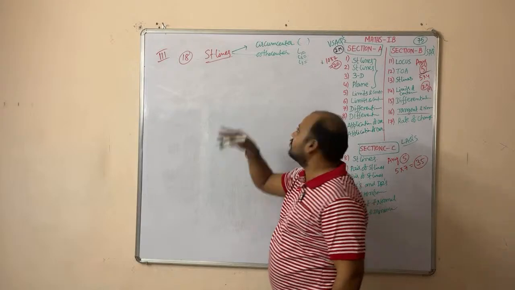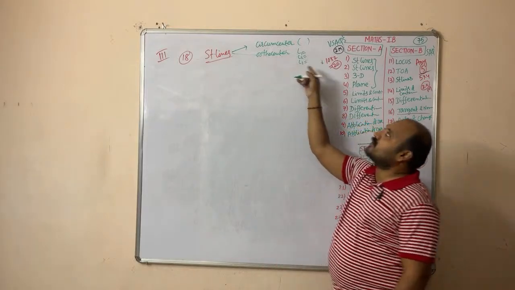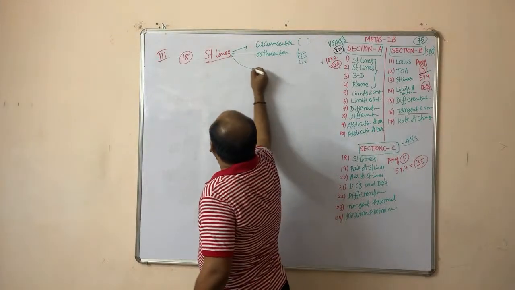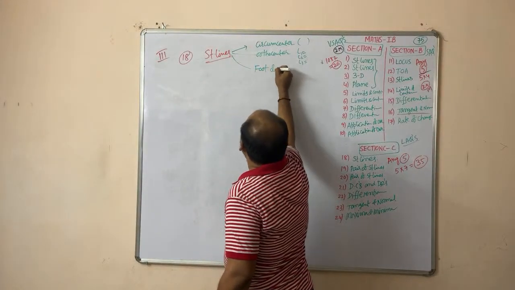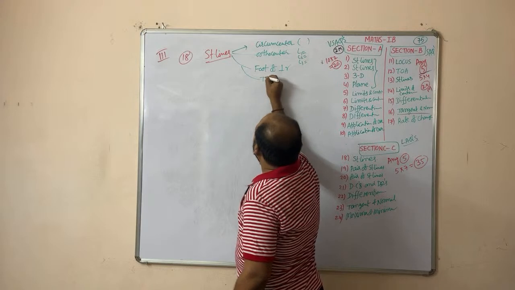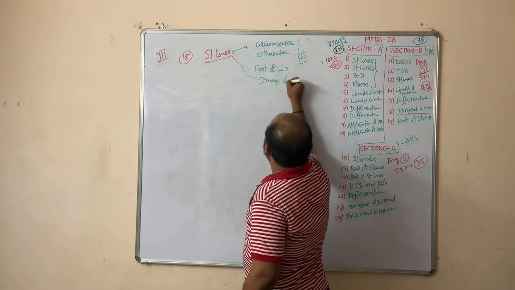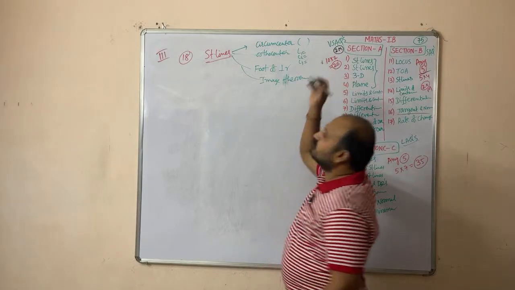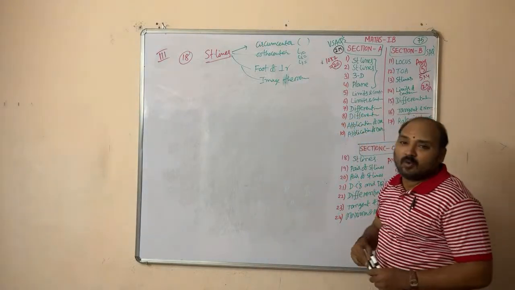Once you go through my videos, you will get it. Next, foot of the perpendicular theorem and image theorem, both theorems. So 4 possibilities are over.